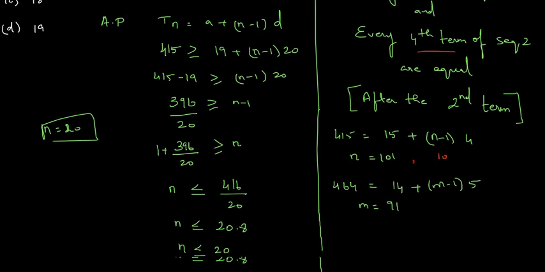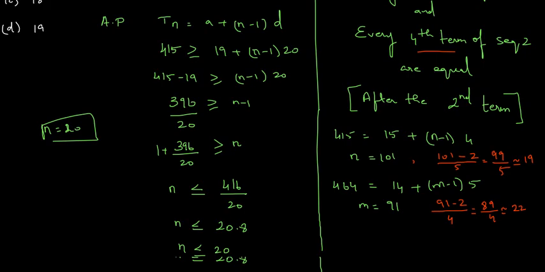So 101 minus 2, that is after two terms only, we are considering the third term, divided by 5. In this case it is 91 minus the same 2, divided by 4, because every fourth term of sequence 2 is equal. In this case it is 99 by 5, which is approximately 19, and in this case it is 89 by 4, which is approximately 22.